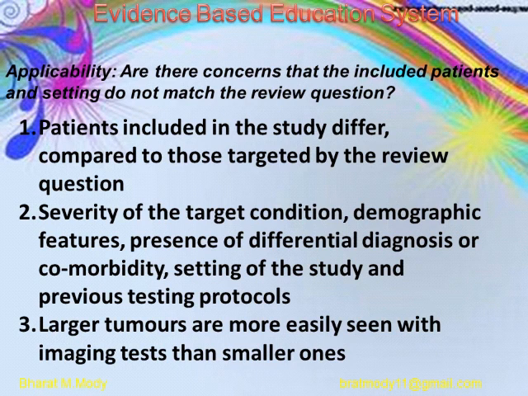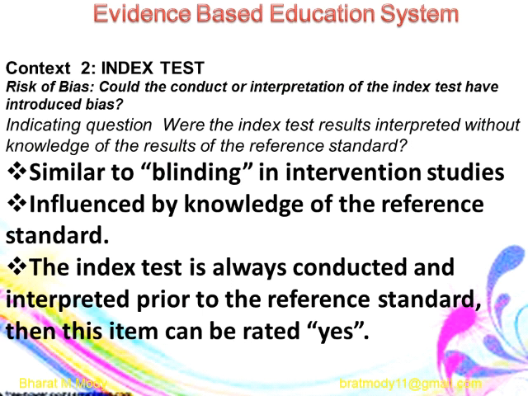Proper randomization also has to be used, and then the comparison when it comes out will be the true comparison. Then you have to take the index test, since it is a diagnostic procedure. Could the conduct or interpretation of the index test have introduced bias? The indicating question is, was the index result interpreted without the knowledge of the reference standard? This should be done separately, which is called blinding.